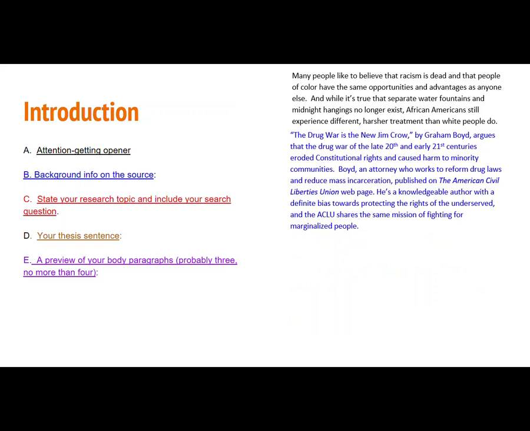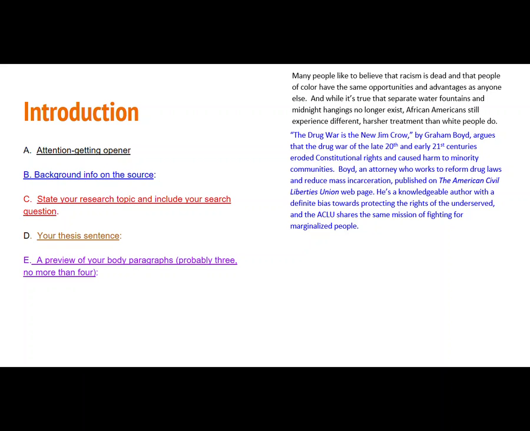And then in the next part of background on the source, you're going to pull from the article analysis, which you can look at on the next slide. I've captured that paragraph, but you've already seen it. That was the paragraph where I told you a little bit about the author and a little bit about the publication.